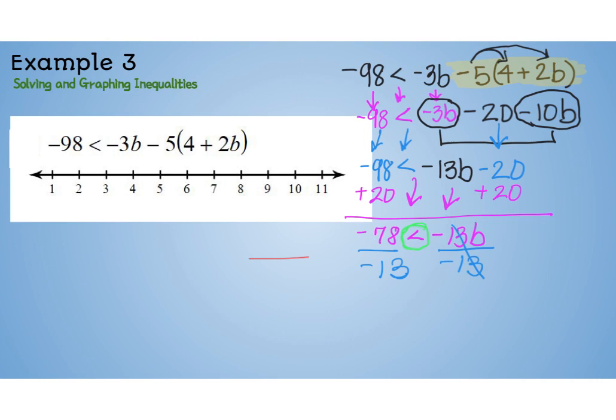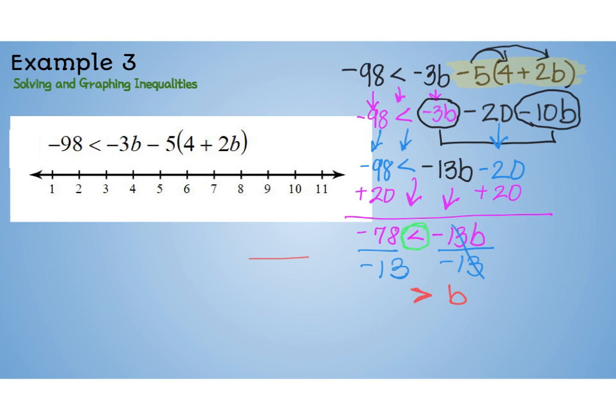So now this is going to become, now you see how it's going to that direction. Now I'm going to go ahead and flip it in this direction. And a negative divided by a negative does give me a positive. So I'm going to divide 78 divided by 13.